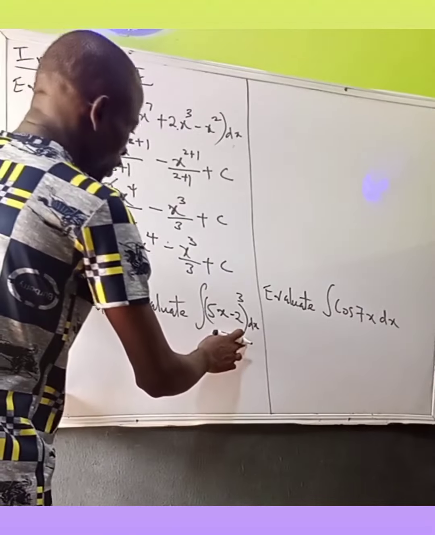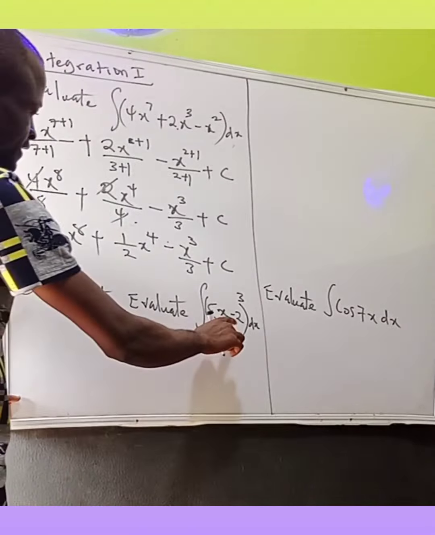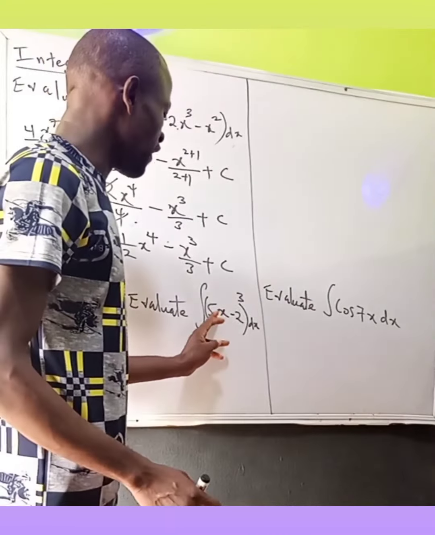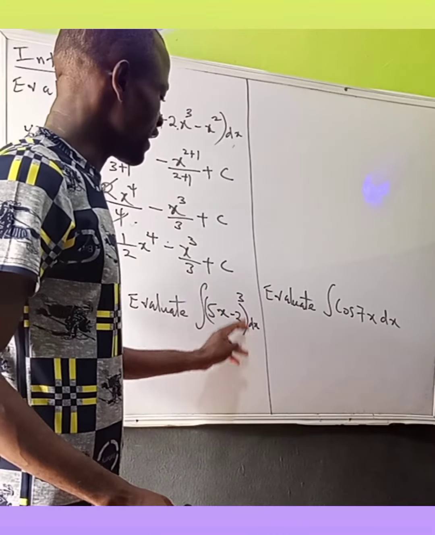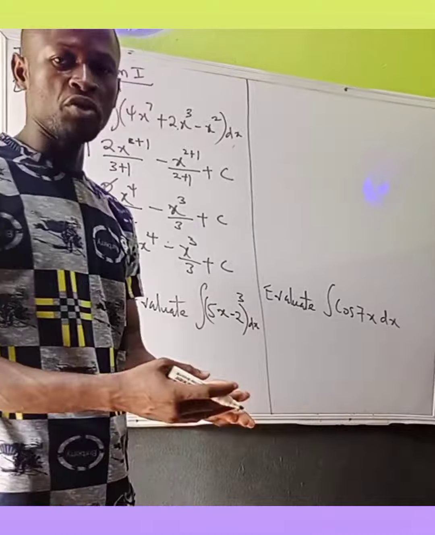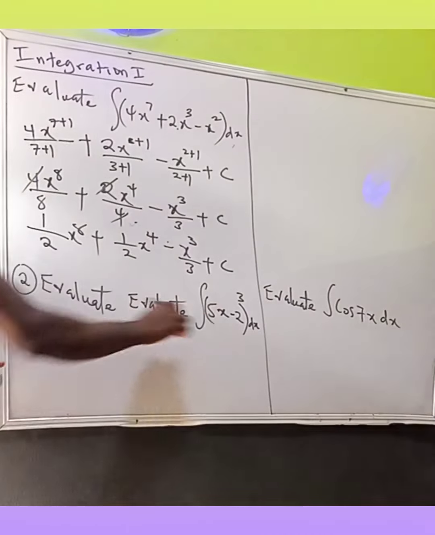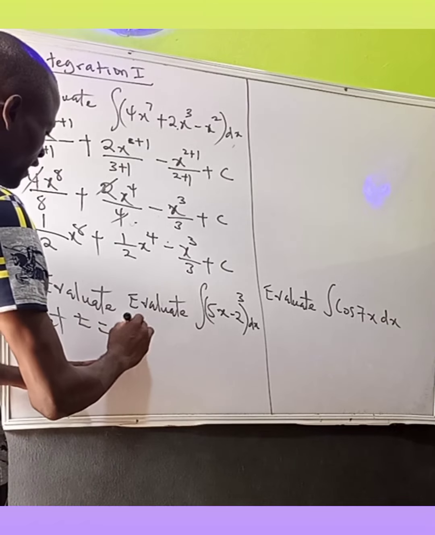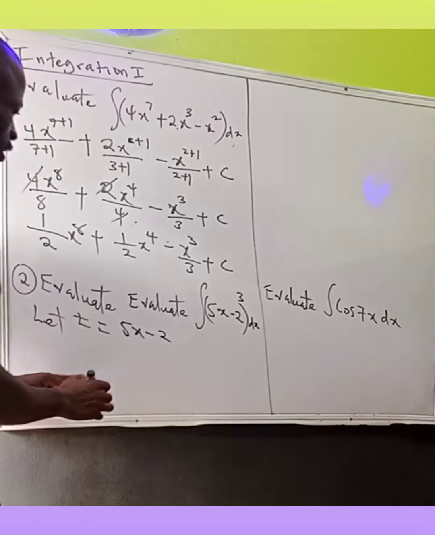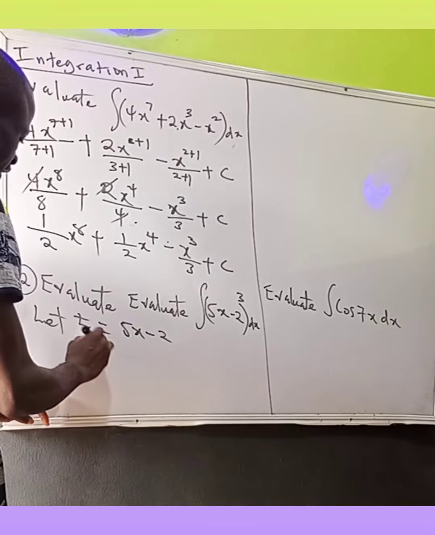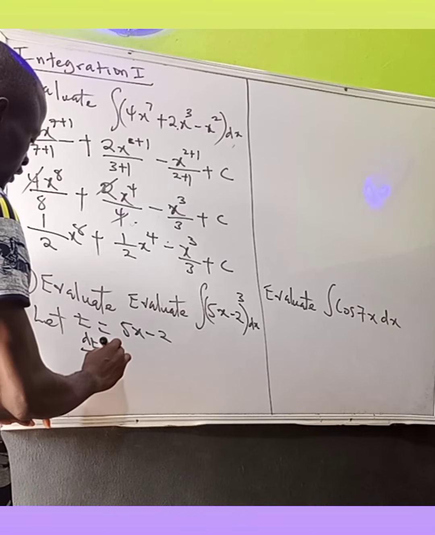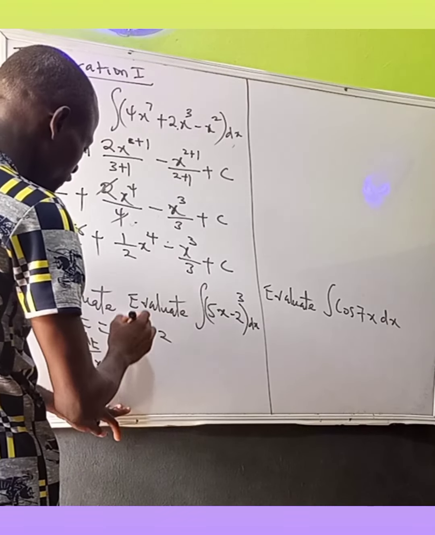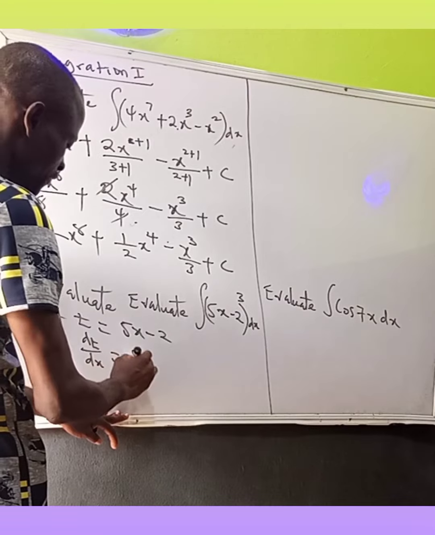So we have another one here. We are integrating this: the integral of open bracket 5x minus 2 close bracket raised to power 3 dx. For us to integrate this kind of function, we select t equals 5x minus 2. Then dt/dx, if you differentiate this, you're going to have 5.